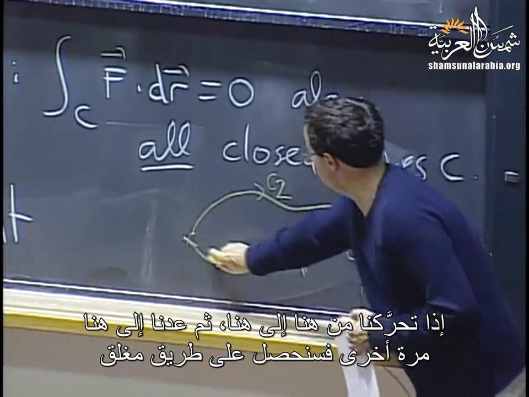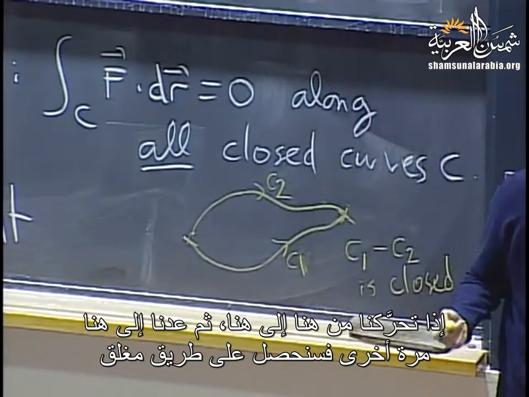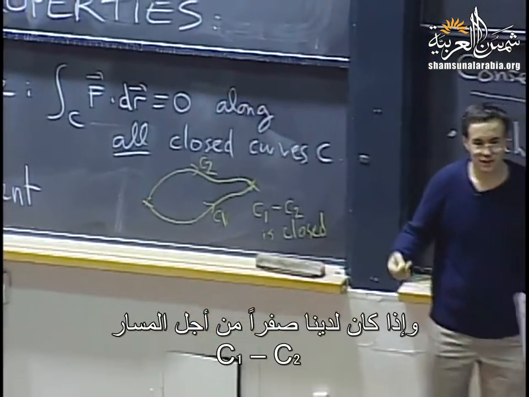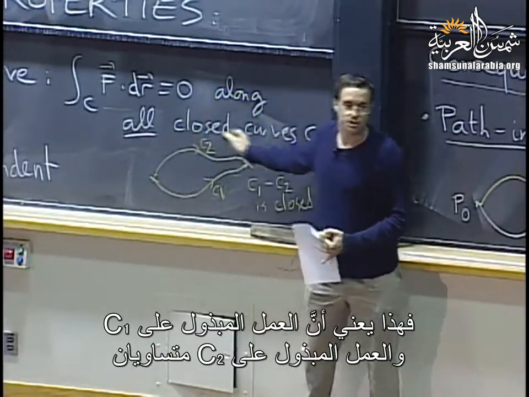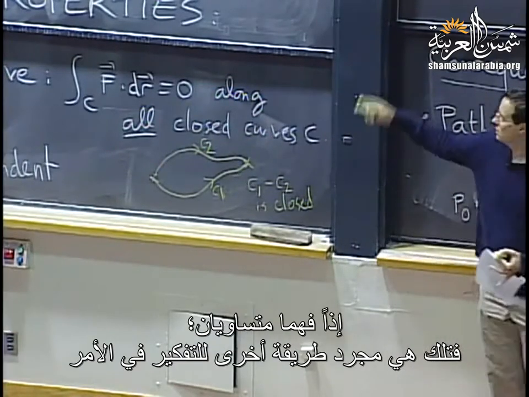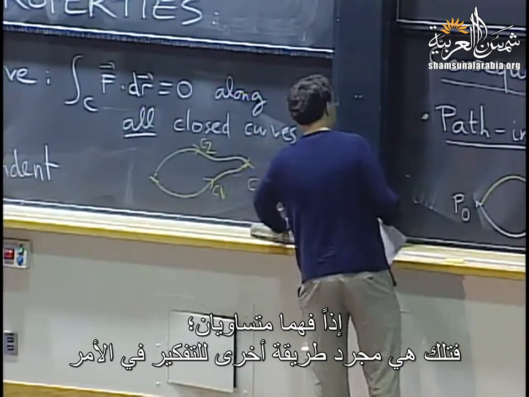Right? If I go first from here to here and then back along that one, I get a closed path. So if I'm conservative, I should get 0. But if I get 0 on C1 minus C2, it means that the work on C1 and the work on C2 are the same. So it's just a different way to think about the situation.